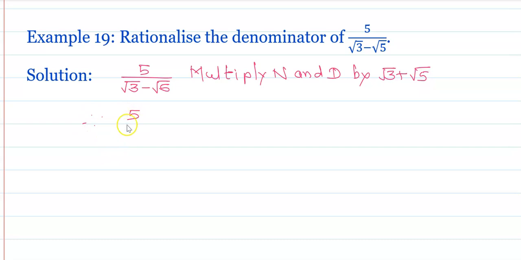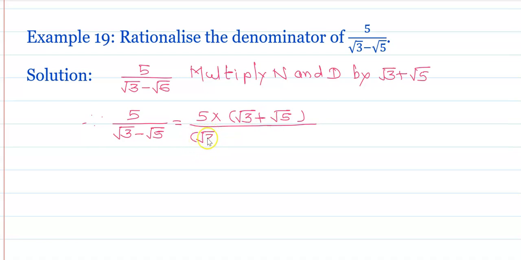Therefore 5 upon root 3 minus root 5 equals 5 into root 3 plus root 5 upon root 3 minus root 5 into root 3 plus root 5.